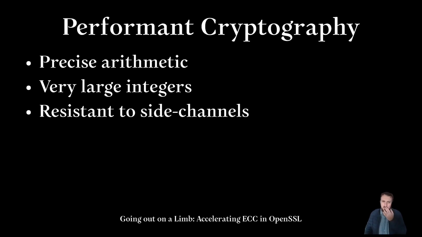Not only that, but you've got to be wary of side channel attacks. This is an additional pressure with crypto code. In short, no choice of random number or choice of key should at all be able to influence the runtime of your calculation.